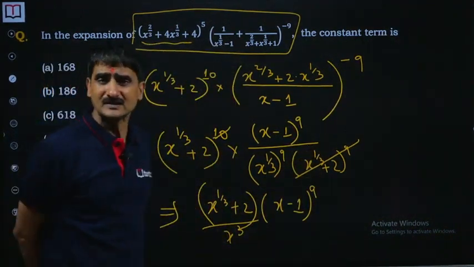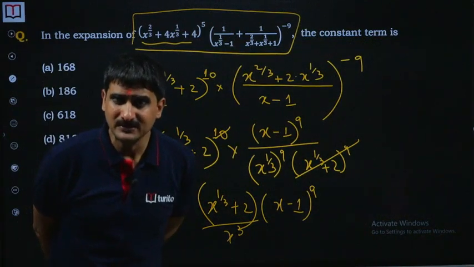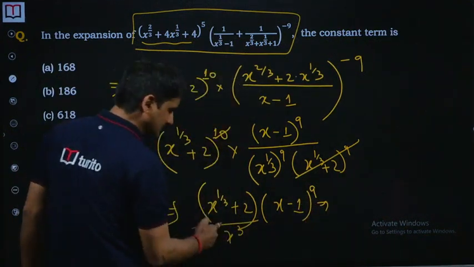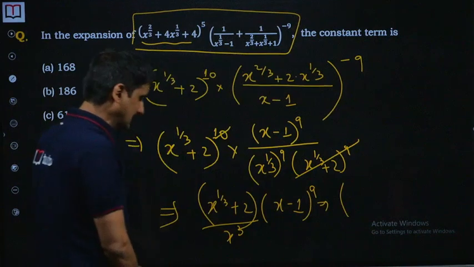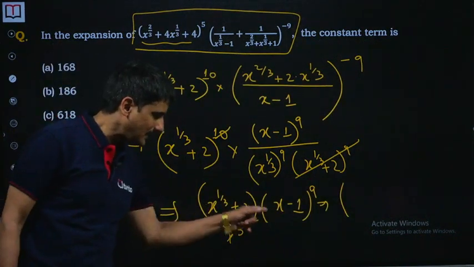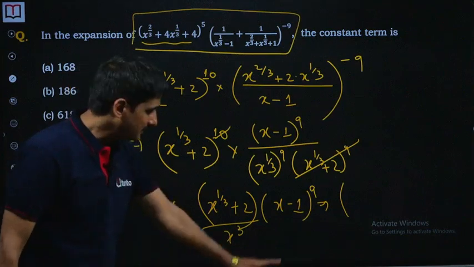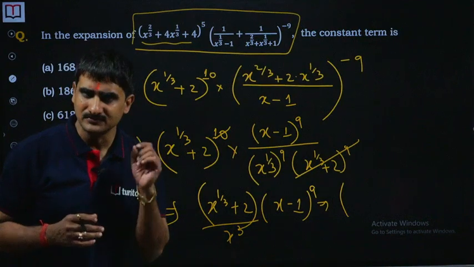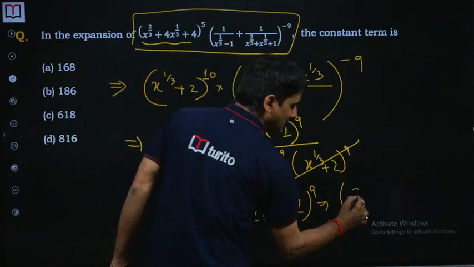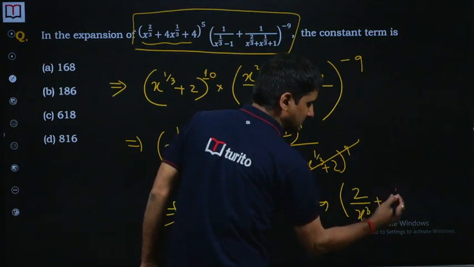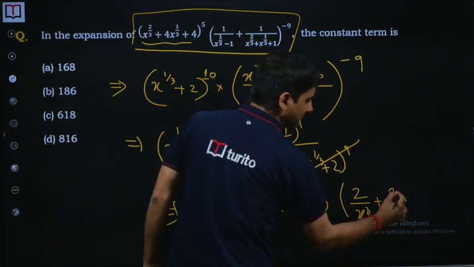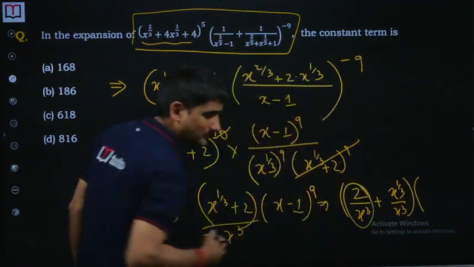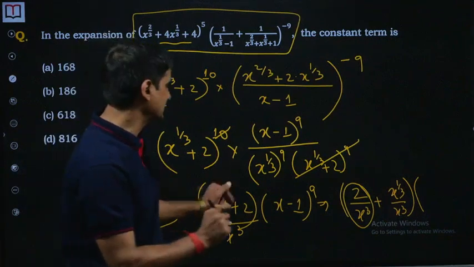Now which term is independent of x? If I break it into two parts, it's nothing but 1 by 3 power. You won't have any fractional power in its expansion for sure. So the only possibility of getting the term independent of x is when you multiply the term 2 by x cube, because x^(1/3) upon x cube would give fractional powers, with x cube in this expansion.